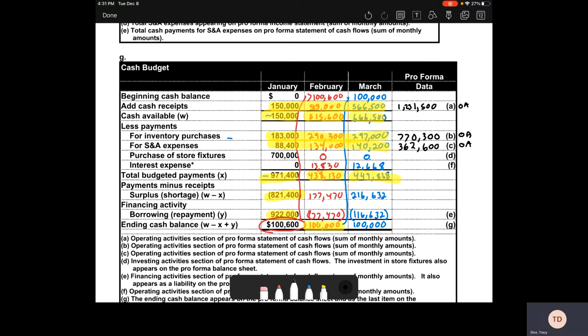Our purchases of store fixtures, that would be an investing activity. So that's just your 700,000. And then we get our interest expense of 13,830 plus the 12,668, which gives me a total of 26,498.